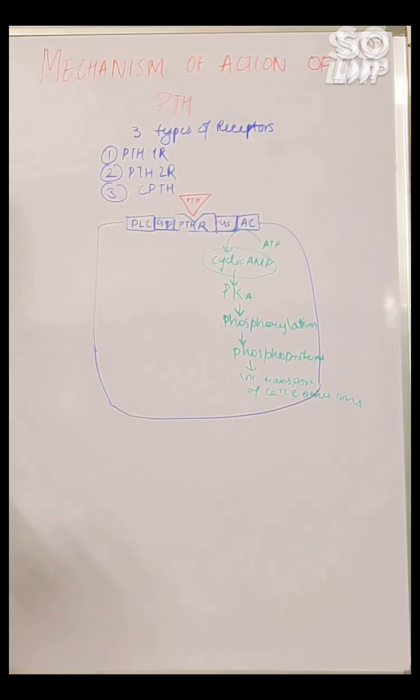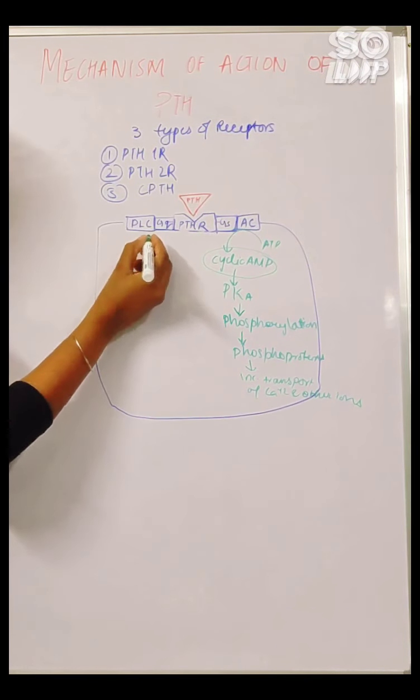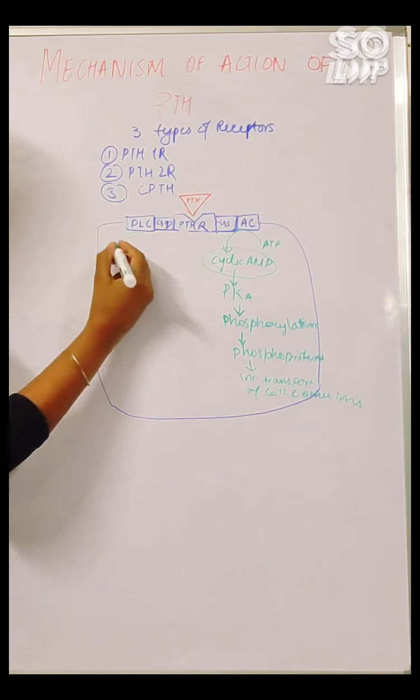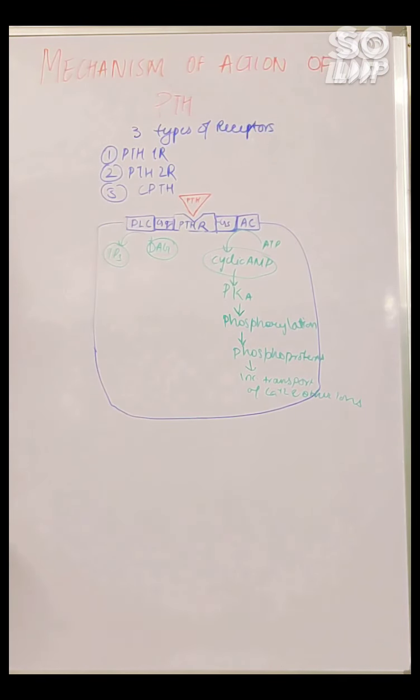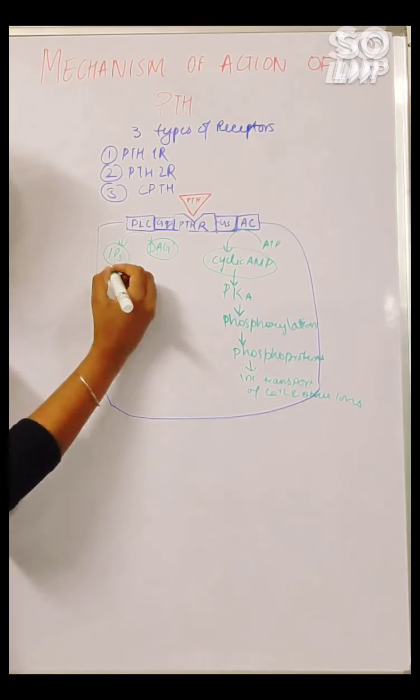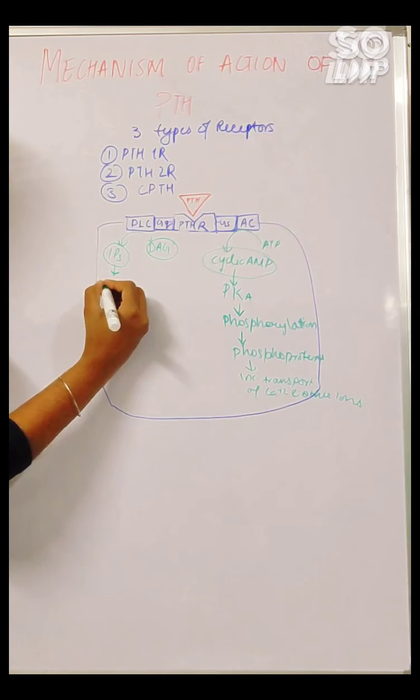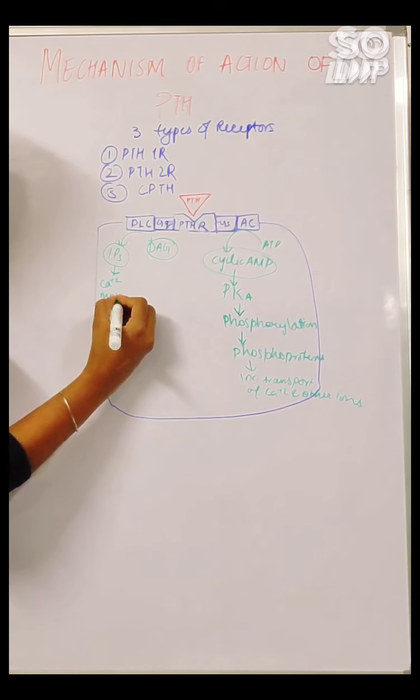As I told, binding of PTH will activate adenylate cyclase as well as phospholipase C. This activation will increase IP3 and DAG. Now the question is, what do IP3 and DAG do? IP3 causes intracellular calcium mobilization.